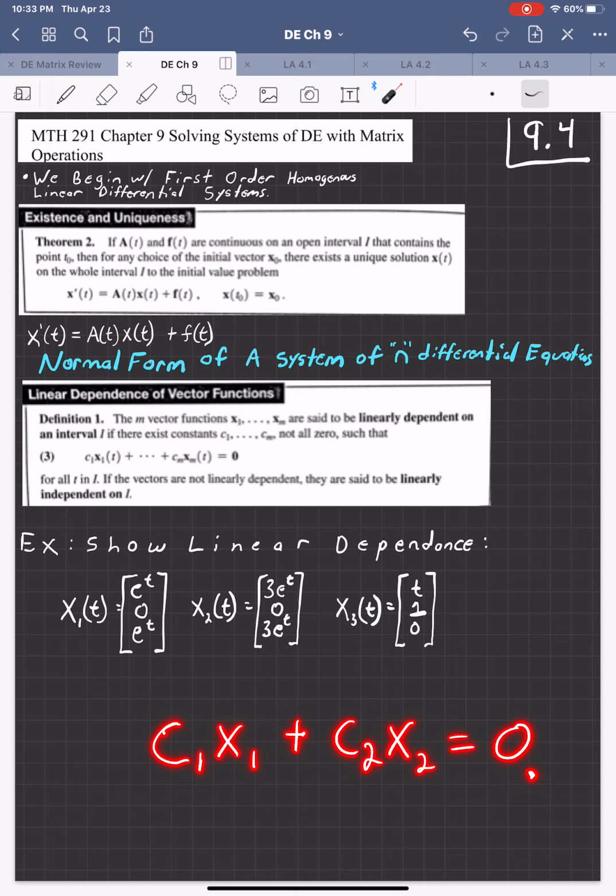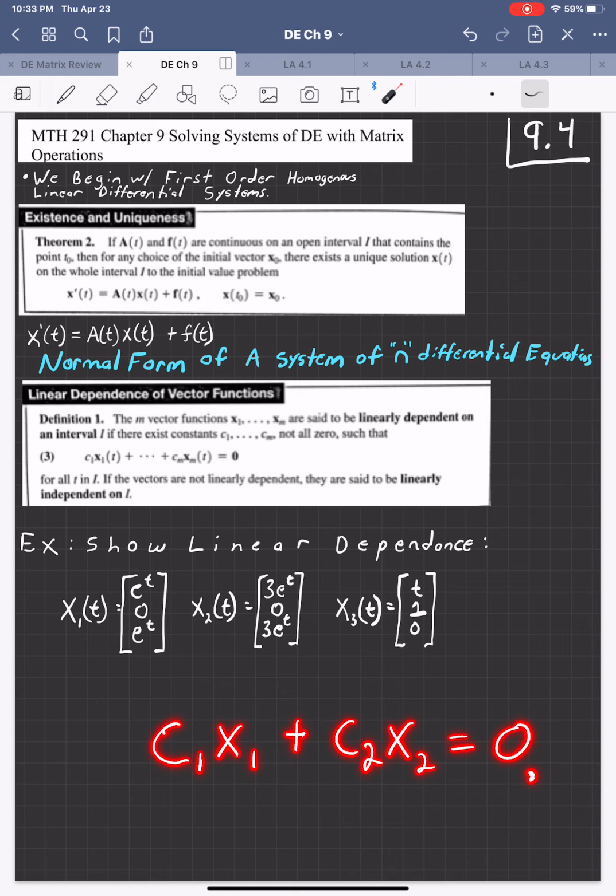Now, if there are other ways to get to 0, maybe I could choose c sub 1 is 1 and choose c sub 2 is -2. If there are other ways to get to 0, then we would say that it is a linearly dependent system. If you have to write this down, feel free to.